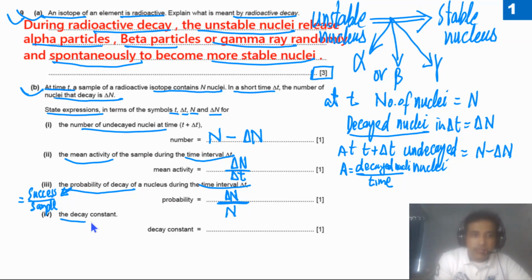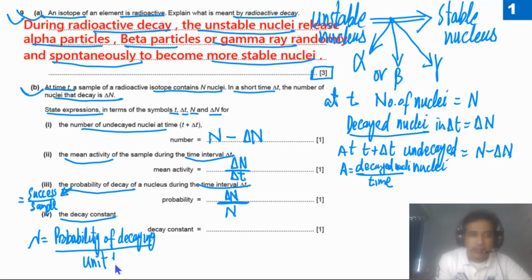Next one is decay constant. Decay constant, we use symbol lambda for this one. This is probability of decaying per unit time. So this is the probability of decaying of a particular nucleus in any given time, per unit time.